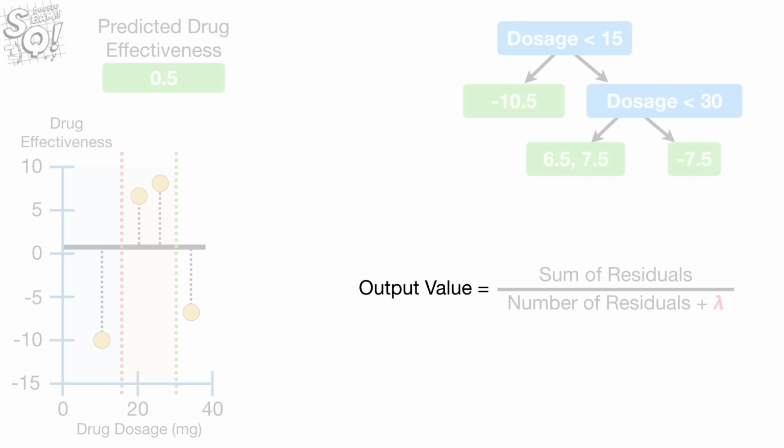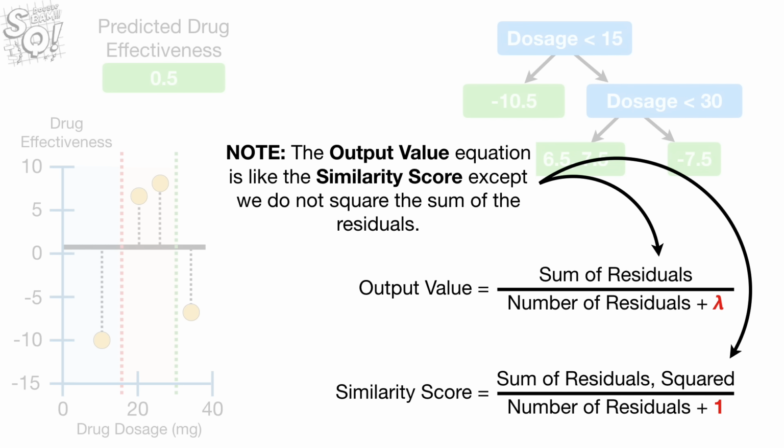The output value equals the sum of the residuals divided by the number of residuals plus lambda. Note, the output value equation is like the similarity score, except we do not square the sum of the residuals.